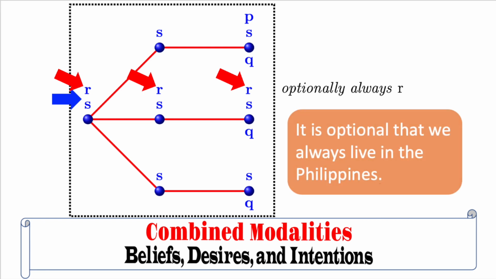For example, if we say it is optional that we always live in the Philippines, then it can be denoted by R. Although we are born in the Philippines, we can choose to live in other countries that we like, thus optionally. But we can choose to live in the Philippines until death, thus always.